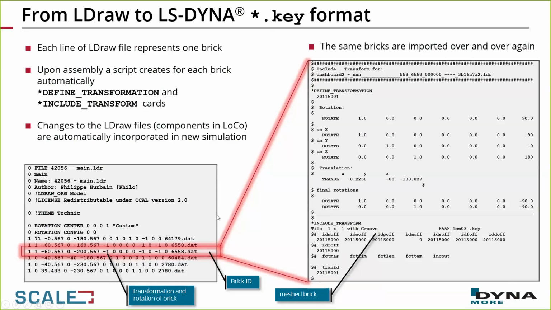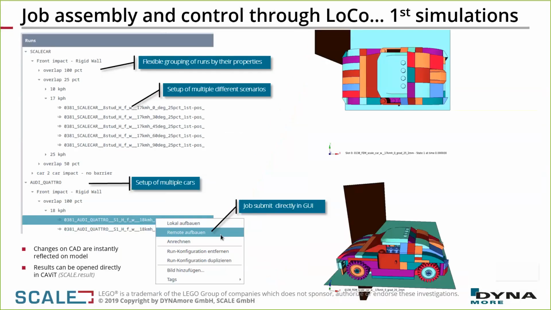This script is maintained within LoCo and is run every time I want to run a simulation directly on the CAD data. In this way, I can just modify the CAD data, and if the CAD data consists of meshed bricks which are already in my library, I can just run the simulation directly from my LEGO CAD data, which is quite convenient.